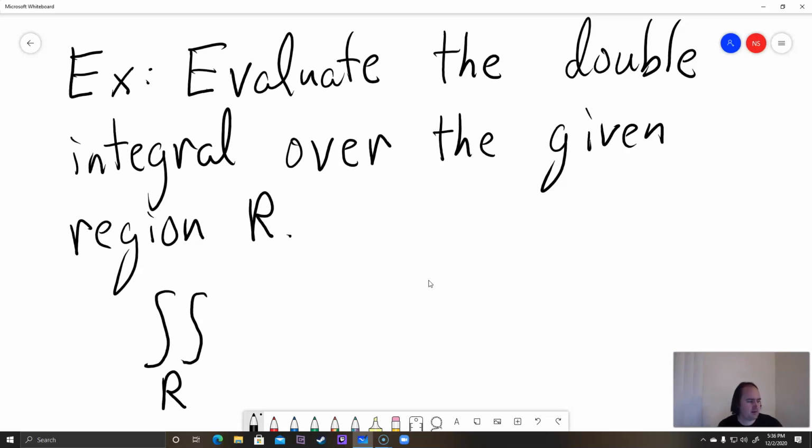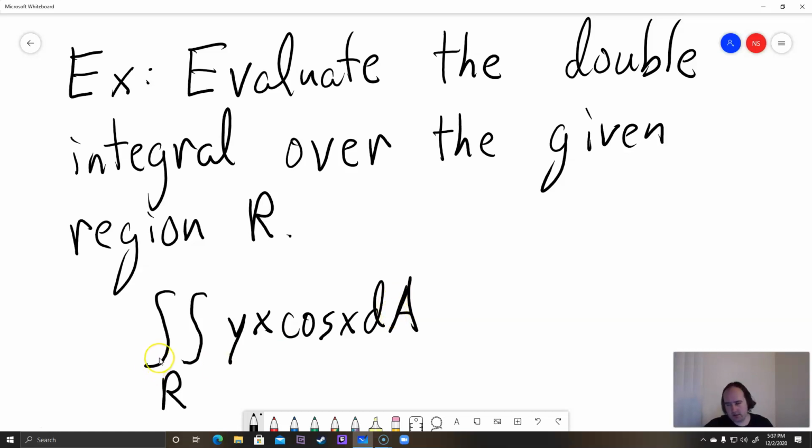And here we're integrating our multivariable function, y times x times cosine of x, dA. The capital A actually stands for area. So what we're really doing here is finding an area between curves.